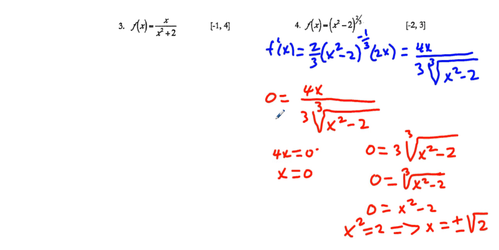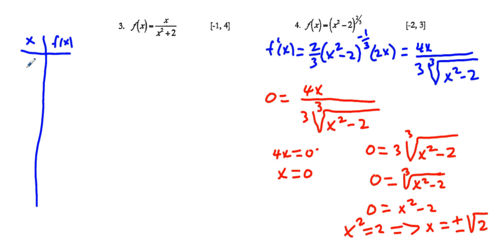So we have a pretty hefty candidates test here going on. And I'm just going to write out the candidates right now. Let's see, we have x, f of x. All right, we have our endpoints here.